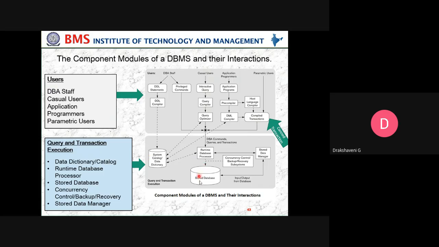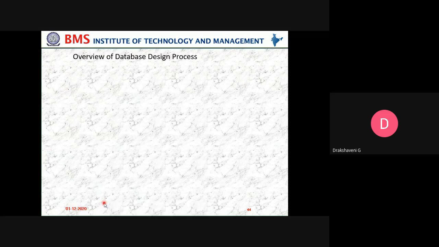So then the stored database, that is runtime database processor, concurrency control, backup, recovery subsystems, or stored database manager. Then we can see here query and transaction execution, data dictionary or catalog, runtime database processor, stored database, concurrency control, backup, recovery, and stored database manager. So that's what you can see here, a component module of DBMS and their interaction.